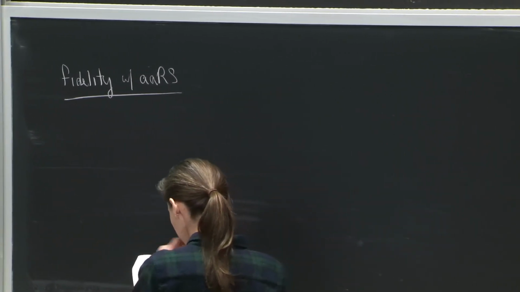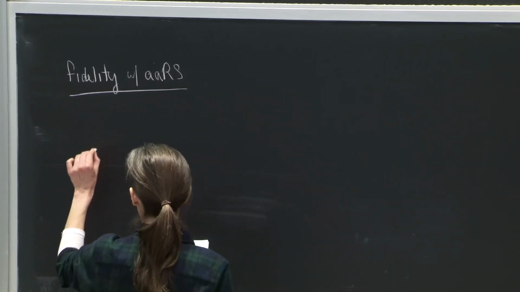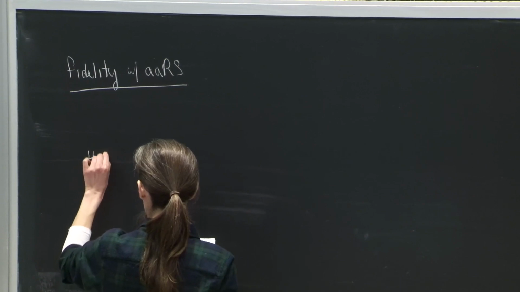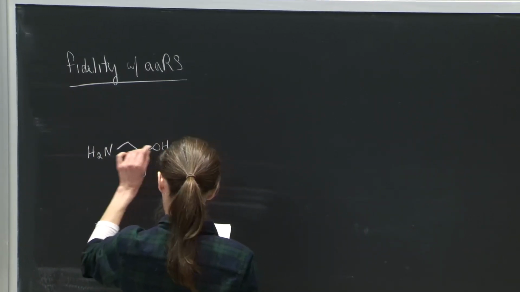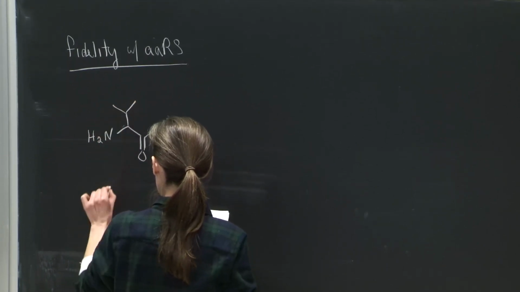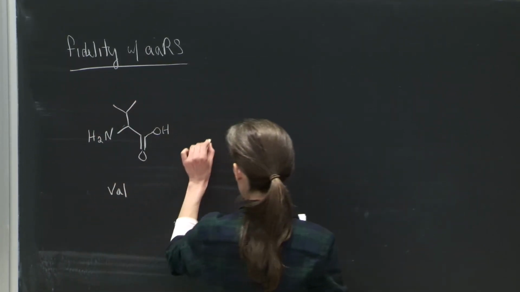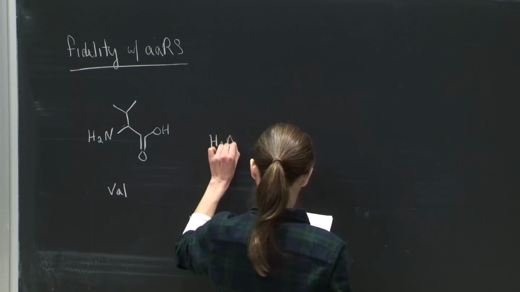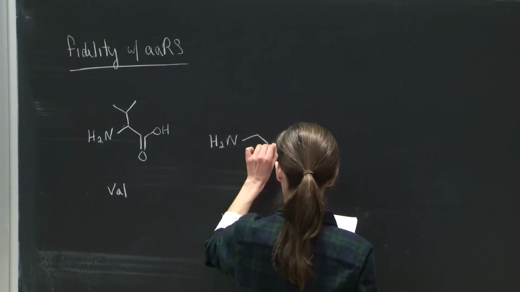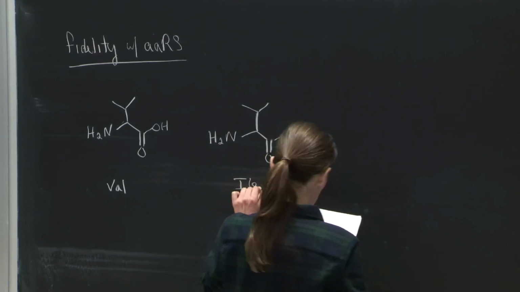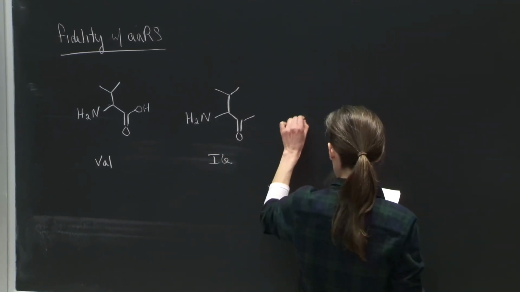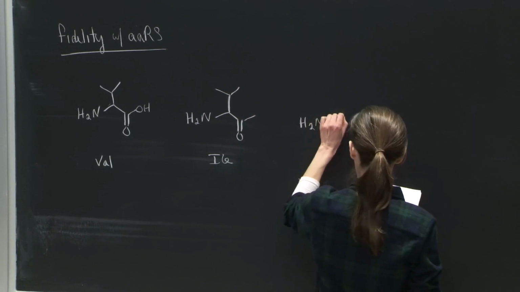So if we just consider, for instance, valine, isoleucine and threonine. These will be the players for our discussion.